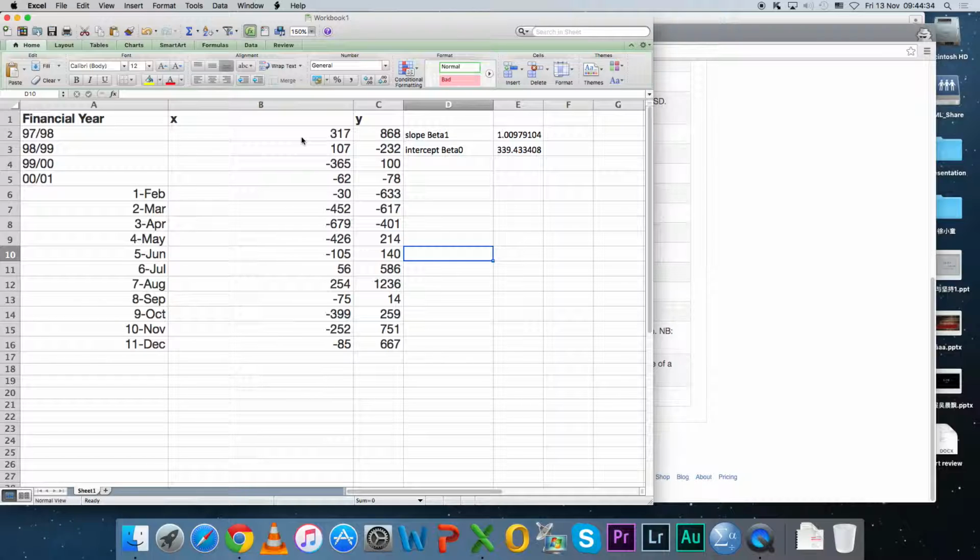And so that one is the y-intercept. So it's actually meaning that, this is a definition of y-intercept, right? The height of the crossing point between the regression line and the y-axis is actually equal to 0.33 line.